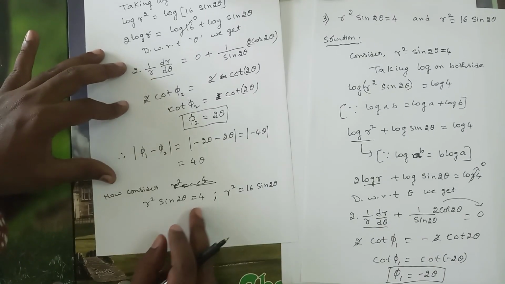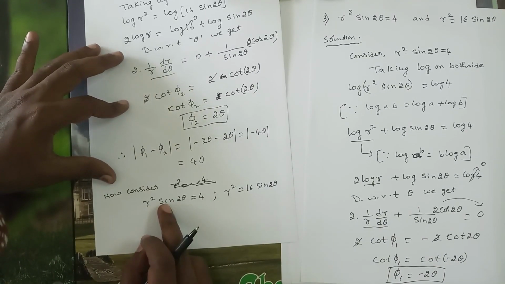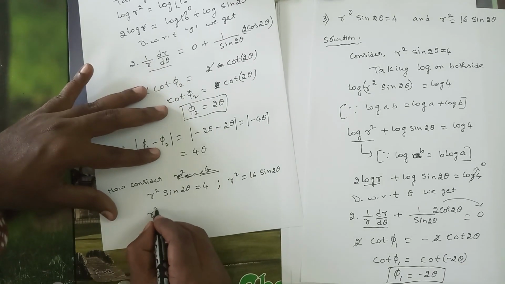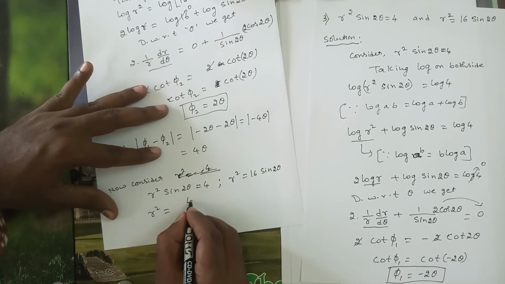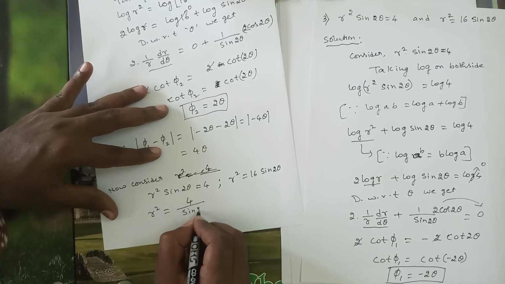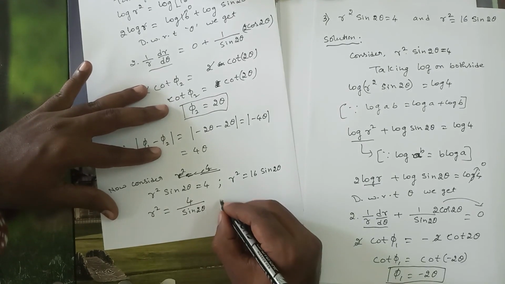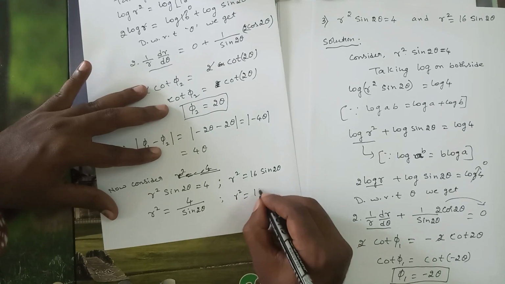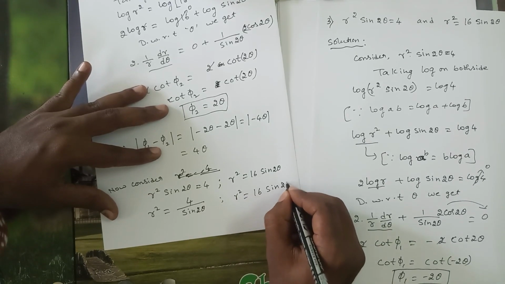You have to equate the RHS, so take the sin 2 theta to the left hand side. So r square equals 4 divided by sin 2 theta, and the other one as it is, 16 sin 2 theta.